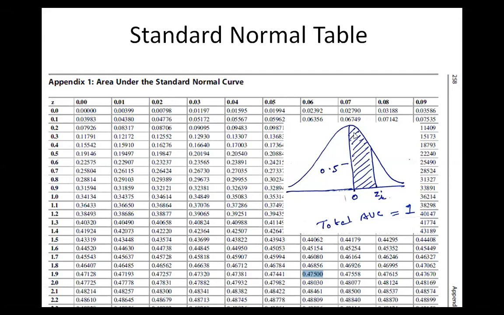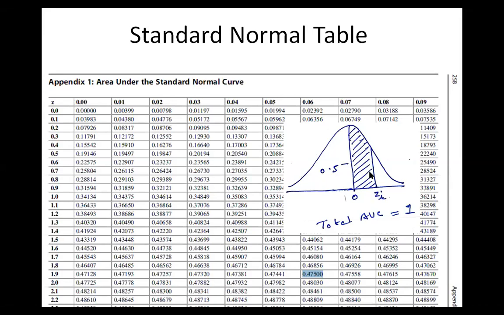So look at the standard normal distribution curve. For Z equal to 0, it is showing that area under the curve is 0. And for Z 1.96, the area under the curve is mentioned as 0.475.